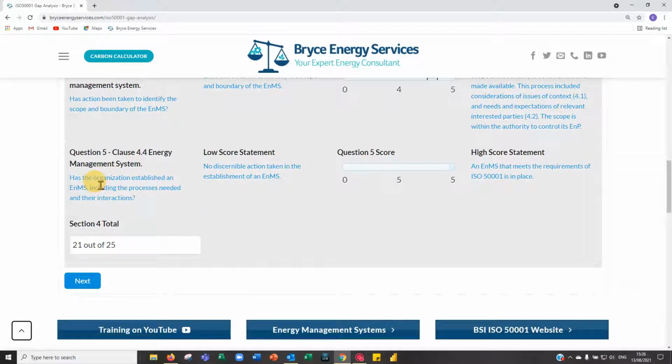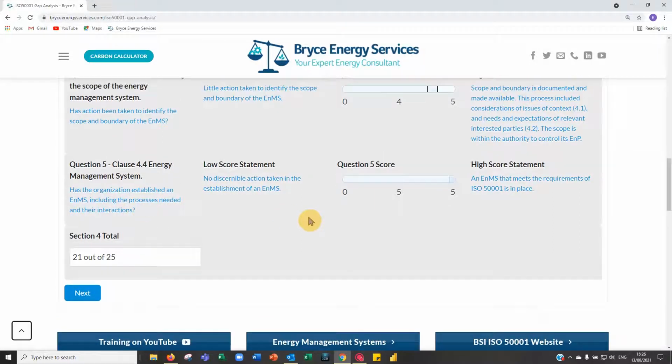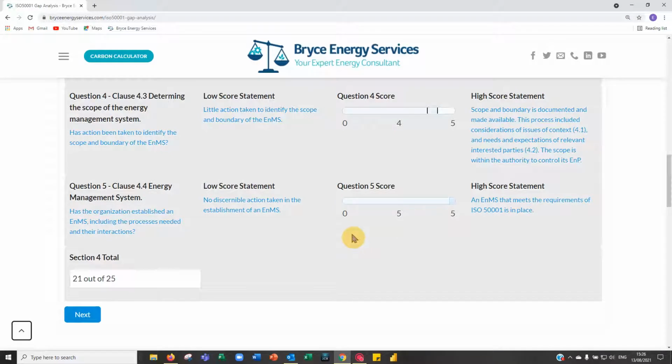Question 5, has the organization established an energy management system, including the processes needed and their interactions? So, have you done anything? Is there an energy management system in place? And do you have an energy management system that conforms to 50001? This is almost an umbrella question for the rest of these 34 questions.